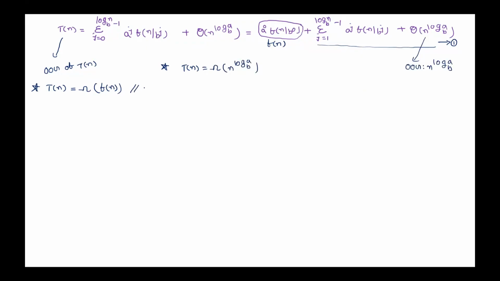It means the order of growth of T of n is greater than or equal to the order of growth of f of n. Is that correct or not?